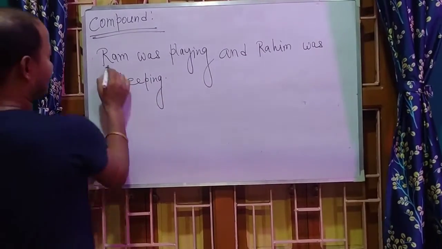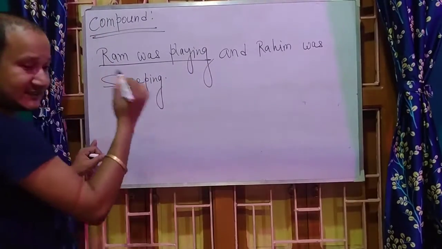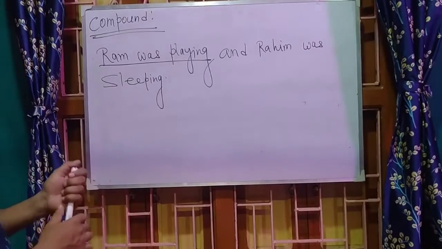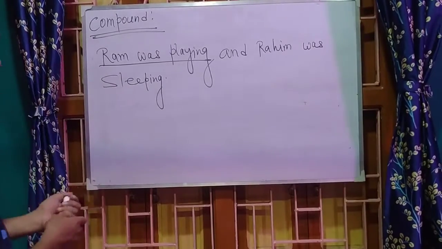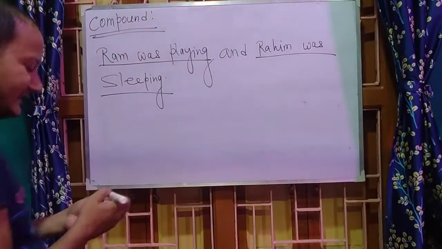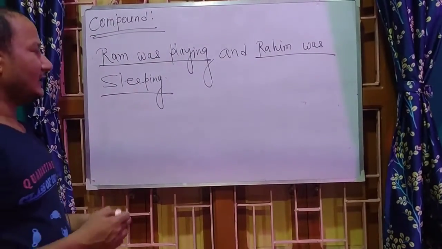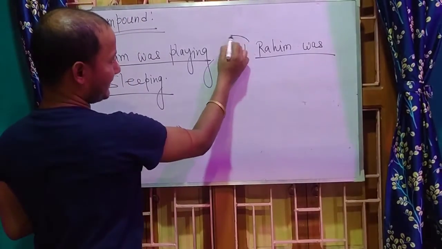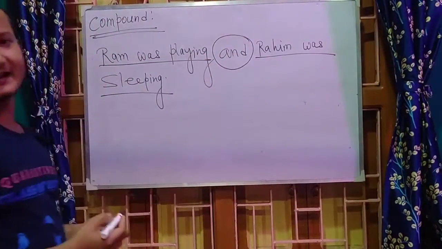So look at the sentence. Ram was playing. This is the main clause because there is no problem to express its meaning. Similarly, Rohim was sleeping. This part also expresses its meaning. So these two main clauses have been connected with the coordinate conjunction, that is, and.